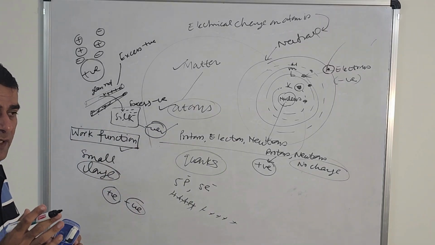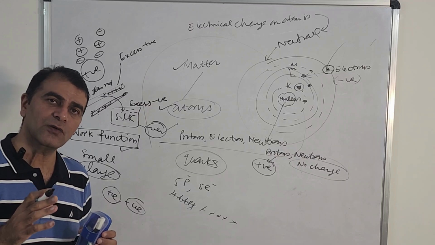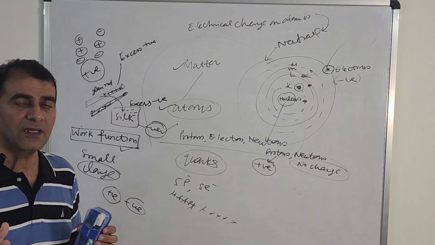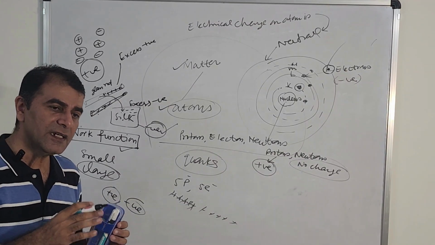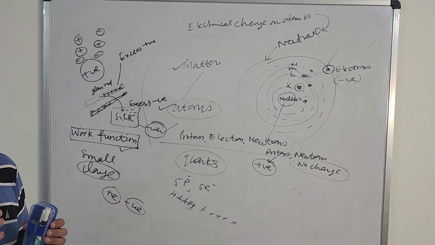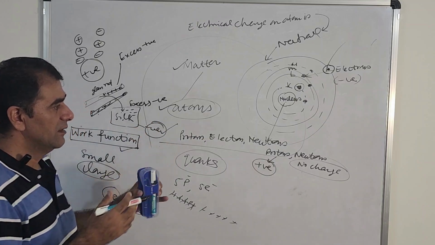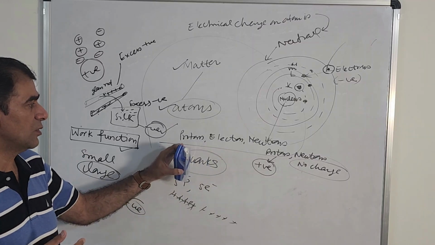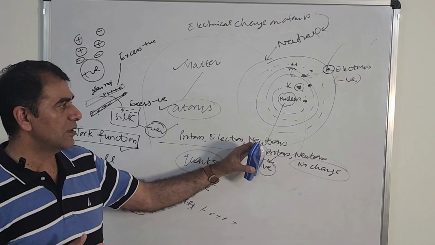So what we learned today is that charges are of two types, positive charge and negative charge. We denote negative charge in the form of the electron, which has negative charge, while the proton has positive charge and the neutron has no charge.